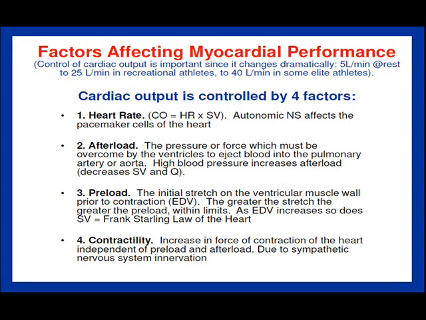This is the pressure or force which must be overcome by the ventricles to eject blood into the pulmonary artery or aorta. So what I mean by that is it's the resistance downstream. If you remember the heart again, right? That ventricle, what's coming off the left ventricle is the aorta, right? That eventually becomes arteries. Okay?